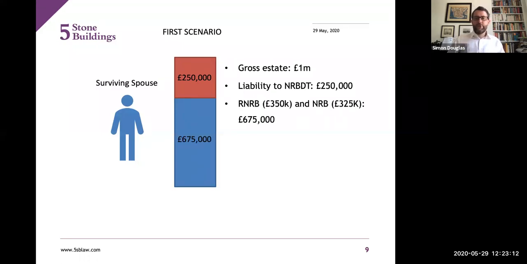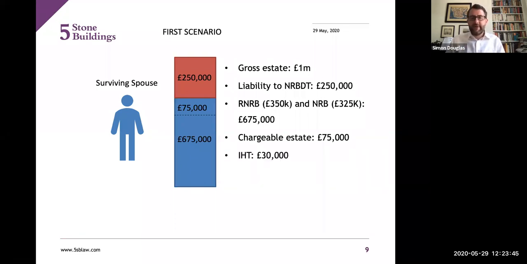Now, of that £750,000, the first £675,000 will be inheritance tax free, because that falls within their combined residence nil rate band and their nil rate band allowance. So the first £675,000 is taxed at a rate of 0%. That just leaves the remaining £75,000. That £75,000 is their chargeable estate, and that's charged at a rate of 40%. So the IHT due on the surviving spouse's estate is £30,000.